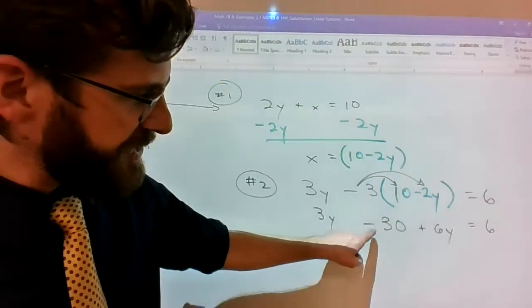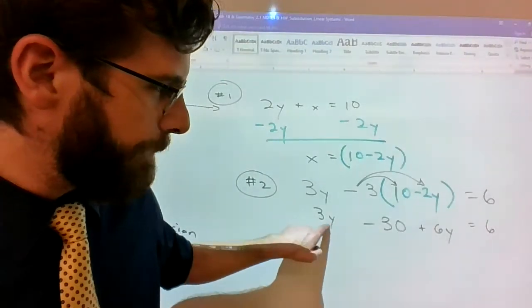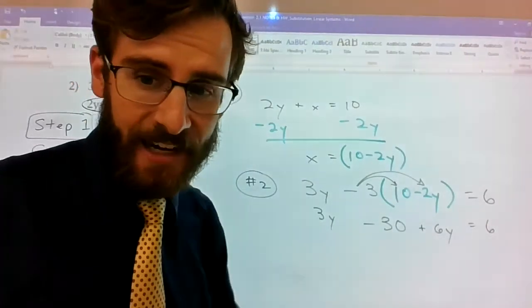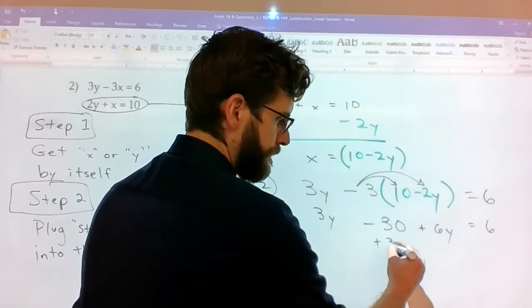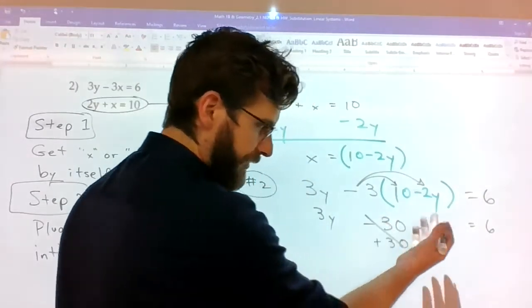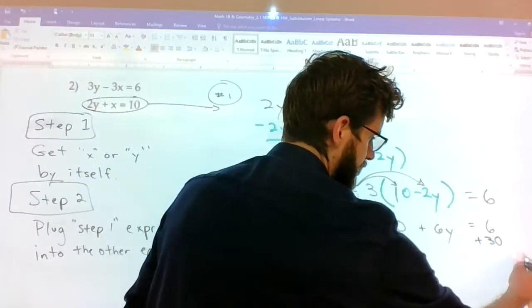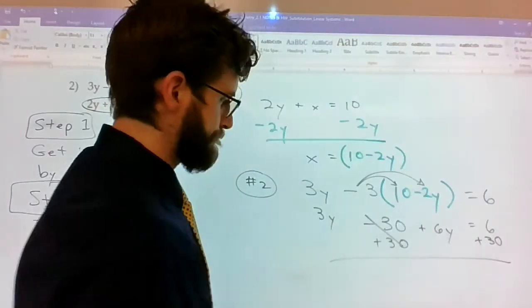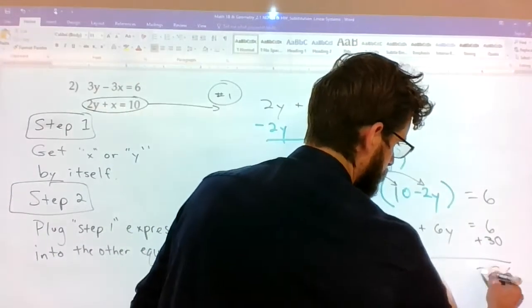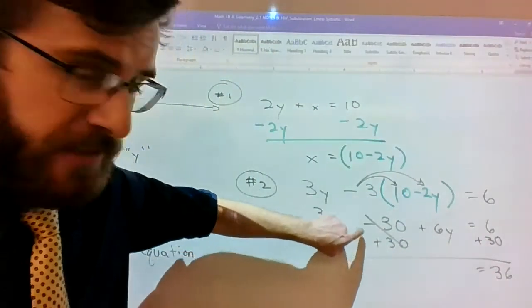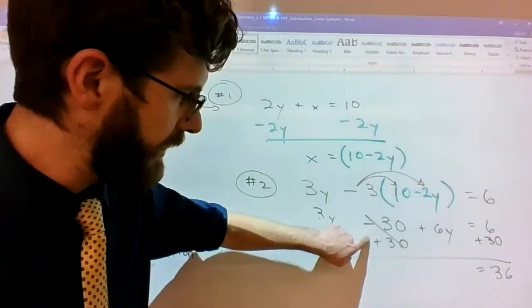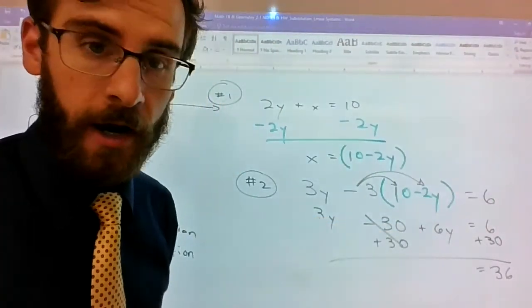All right, now I see that this negative 30 isn't going to combine with these y terms, so I'm going to add it to the other side right away to zero it out on the left and then create a 36 on the right. So I've got 3y plus 0, that's just 3y, plus 6y, 9y.